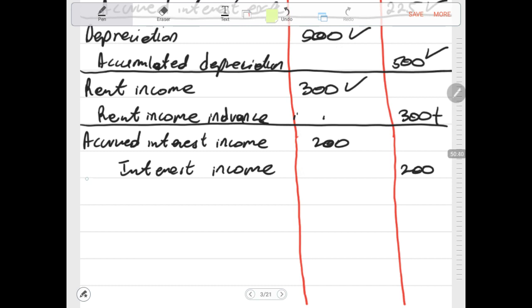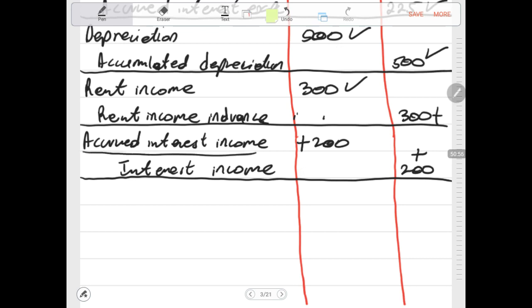So now we have credited our interest income, and we know that income increases on the credit side and assets increase on the debit side. So for both of these, it will be increasing. Remember, accrued income is an asset, and because it's an asset, it goes to the statement of financial position.